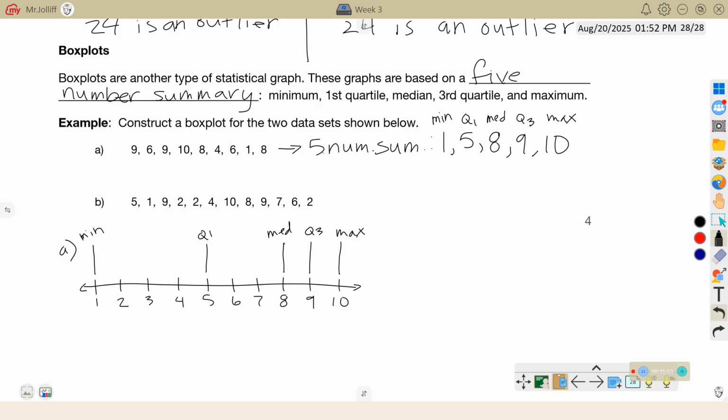And it's called a box plot because we're going to make a box. That box is going to box off the middle 50% of our data, which sits between Q1 and Q3. That is the box part of our box plot.